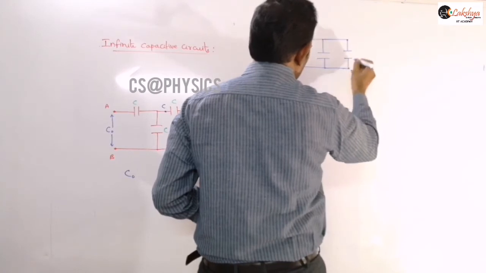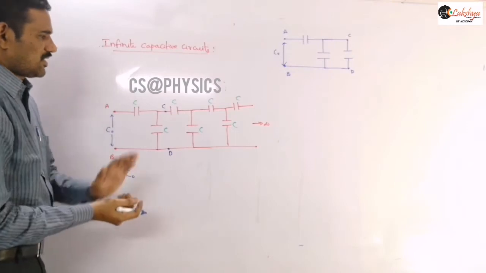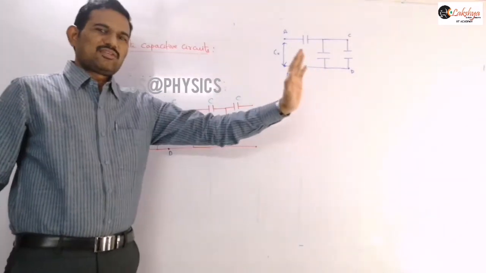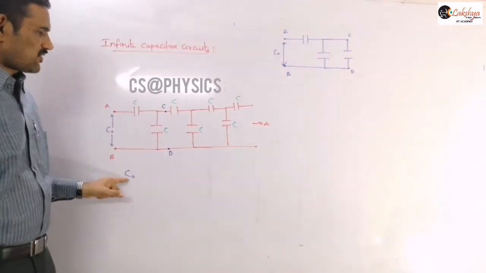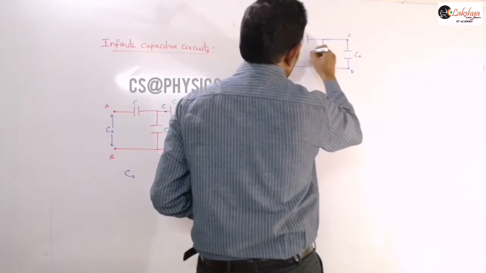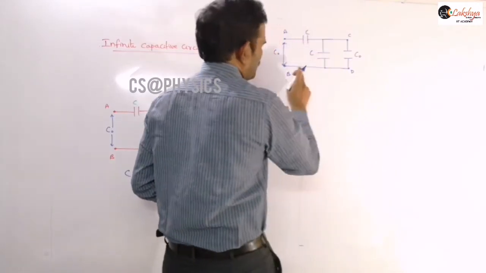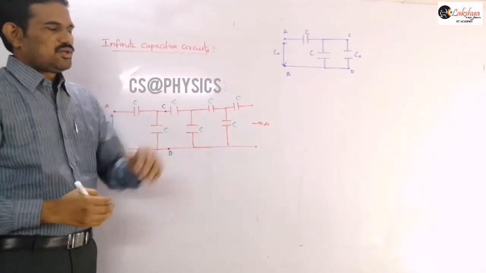This is our point D and this is point C. Up to here we removed the infinite circuit, so we can replace that infinite circuit by a single capacitor of capacitance C naught. That capacitance I am adding here. So this is our one unit cell, and for that unit cell we are adding that one. That is our circuit now.